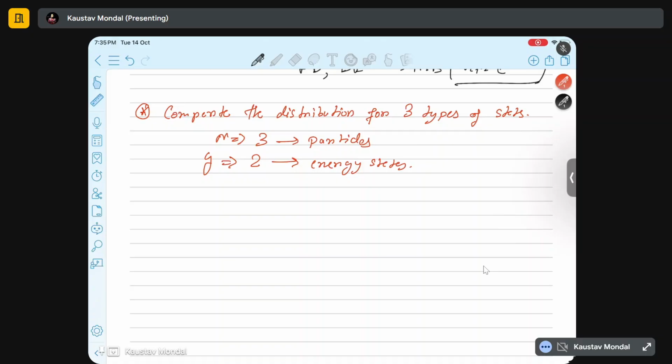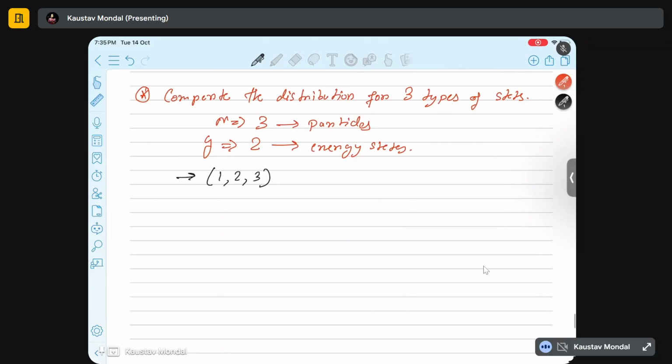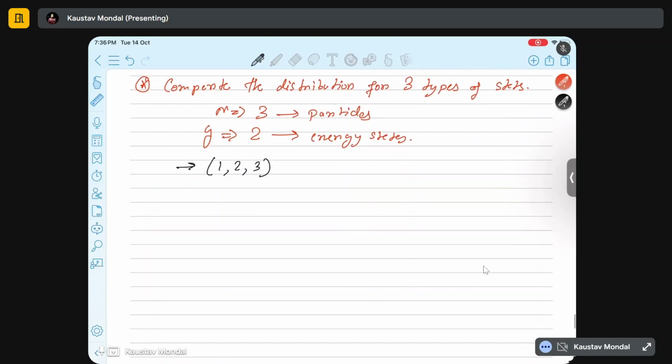Okay. So for the classical case, as these particles are basically classical particles, that means these are distinguishable particles. You can distinguish among the particles. So let's number the particles as 1, 2, and 3. State A and state B, two states are possible.